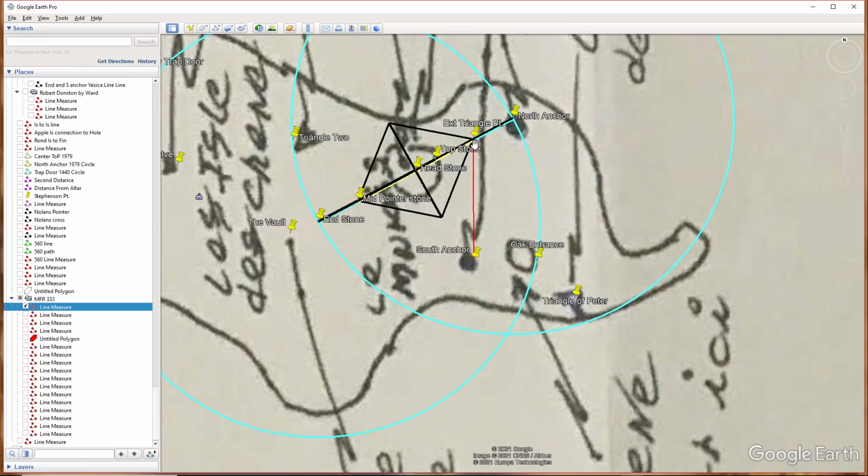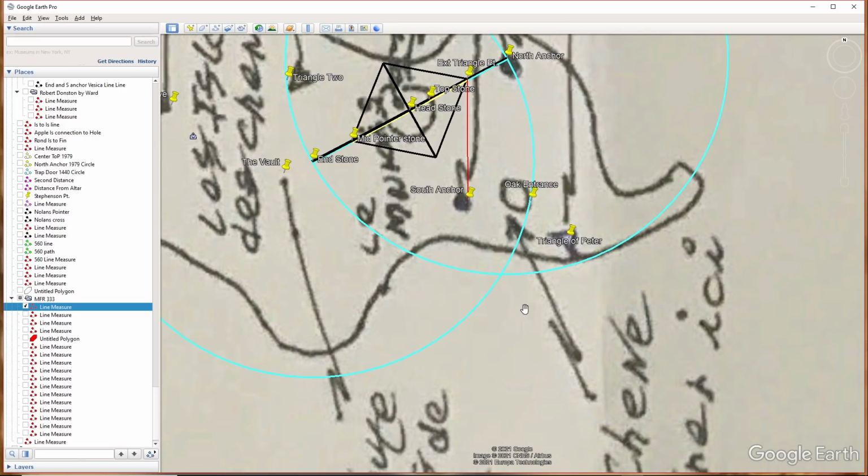Now this is directly a north-south line from the extension triangle point. That's one of the reasons why that's so important, because it develops the west side of what's going to be a rectangle, and it is a north-south reference to the south anchor, so you can get that.